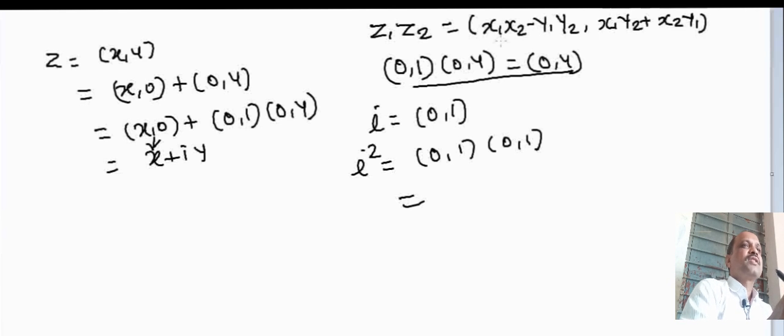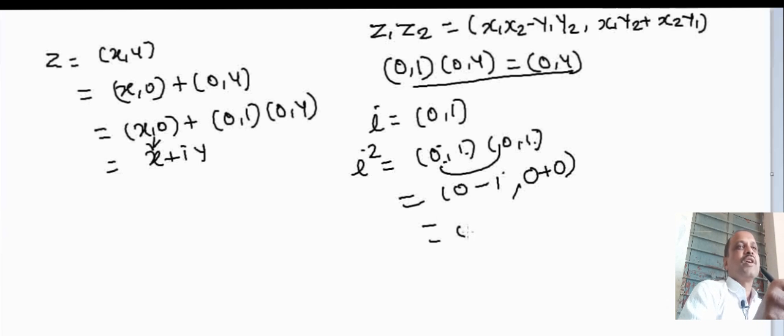You can see that 0 into 0, x1 into x2, that is 0, minus 1 into 1, here minus 1, comma here x1 into y2, that is 0, plus x2 is 1 and y1 is 0, so plus 0. This is equal to minus 1 comma 0.